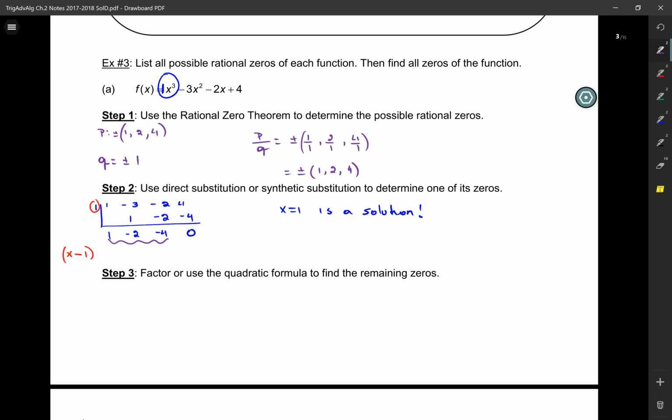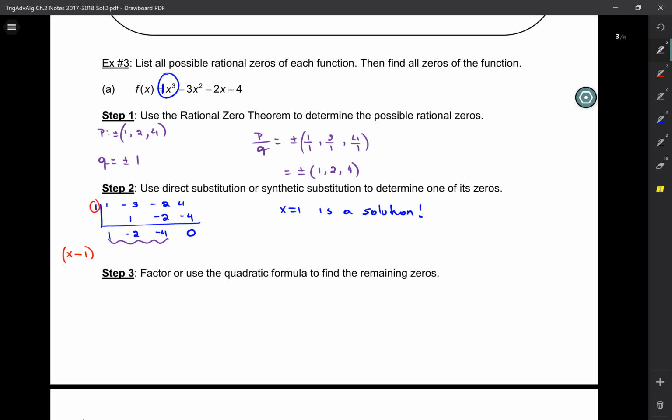Now, this polynomial had a degree of 3. When it goes through this process, the degree goes down by 1. So now it's going to have a degree of 2. So it's going to be x squared, x to the 1, and then no x, and these are going to be the coefficients.